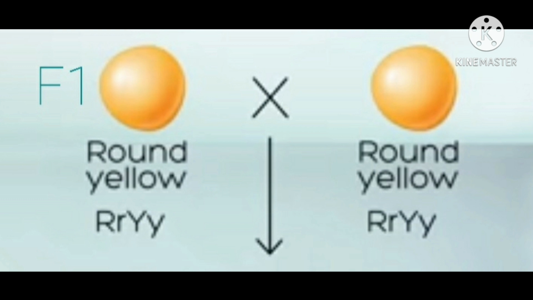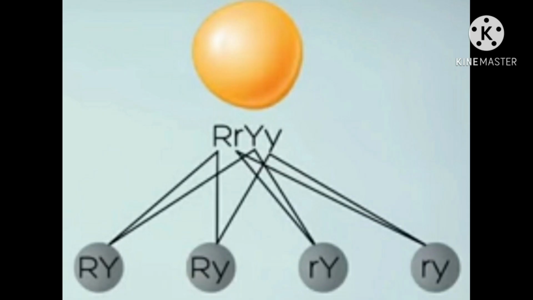The F1 parent can produce 4 types of gametes. The gametes contain the factors responsible for round yellow, round green, wrinkled yellow and wrinkled green.